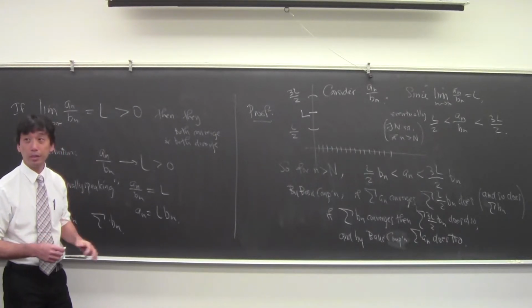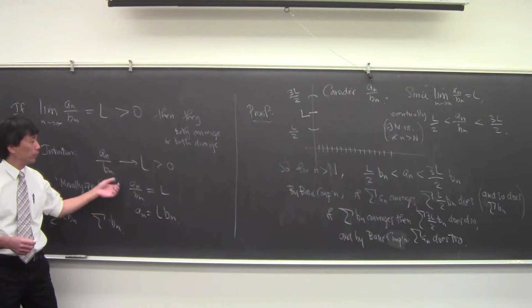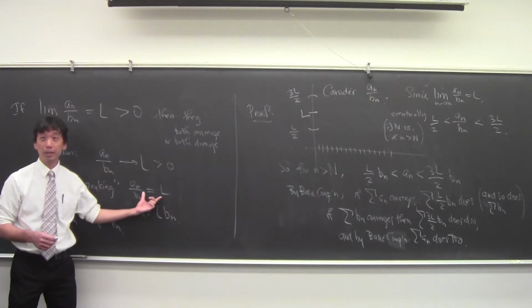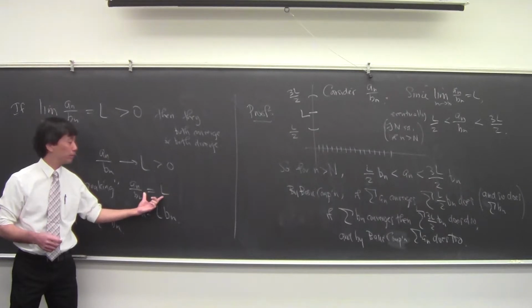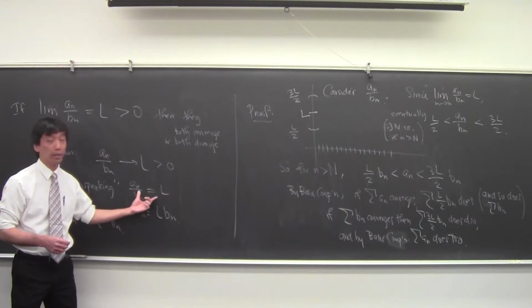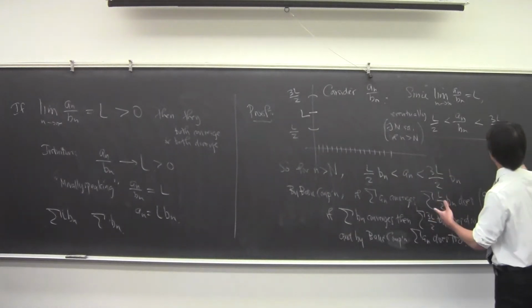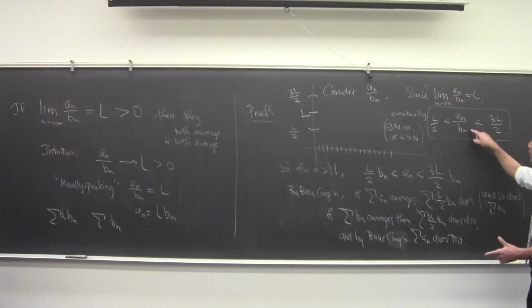Right. So there's this idea that, basically, a sub n over b sub n is a constant. Morally speaking, this equals that. It's not actually equal, but it's close enough. A sub n over b sub n is not equal to L, but it's trapped between L over 2 and 3L over 2.